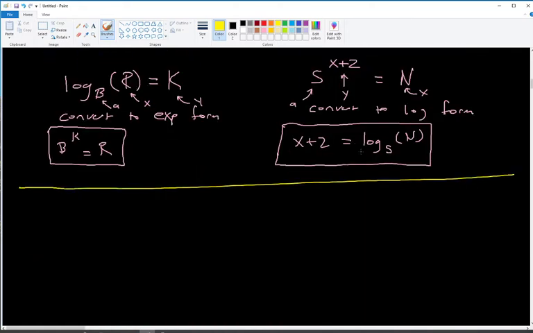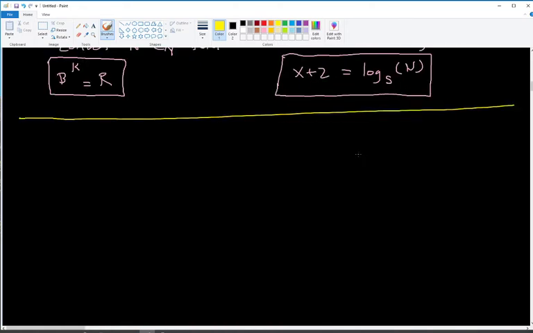Okay, so the next bit they're going to have us do is work through solving for x in a couple cases. So we want to solve for x. So first one, we got x equals log base 2 of 1/4.